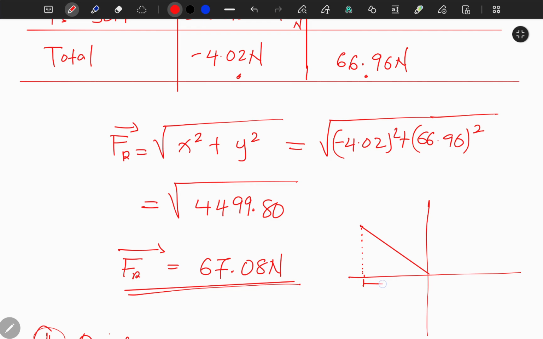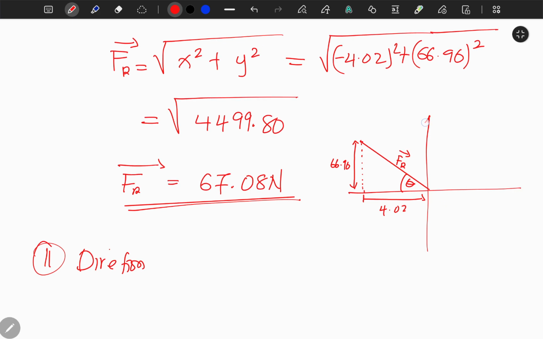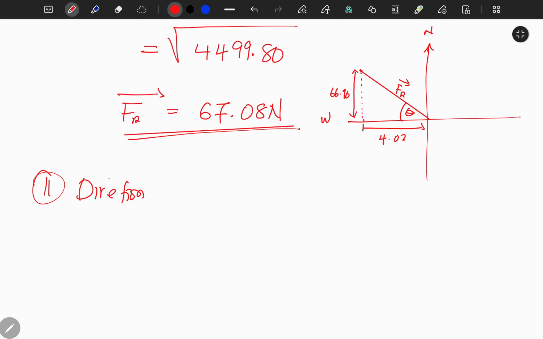From there to there is 4.02, but a negative part. Then from there to there it is 66.96. This is the F we are looking for, the resultant. Use Pythagoras theorem, but we need the angle theta. That theta is the direction, but from here you can just tell that the direction is between north and west. It is northwest, but let's do the calculation properly.